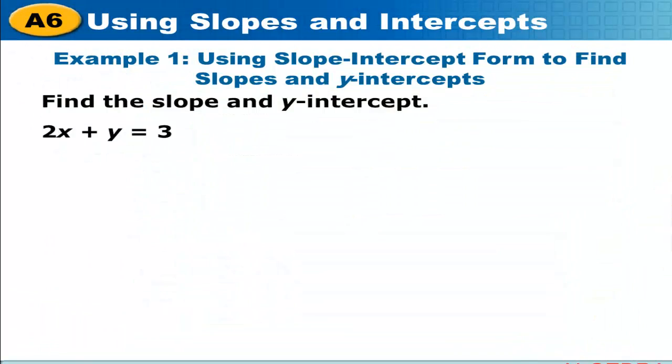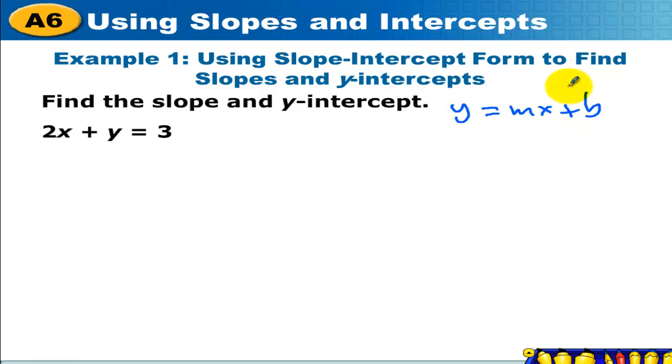Okay, what if we have 2x plus y equals 3? How are we going to find the slope and the y-intercept? Well, the first thing that you have to do is to rewrite your equation into y equals mx plus b. Once you have this equation, you can identify your slope, which is the number besides your x. So first, we are going to isolate y. So we are going to use our literal equation skill here.